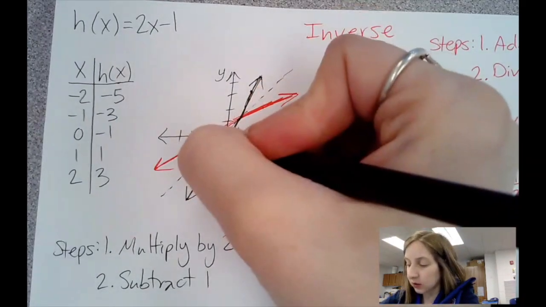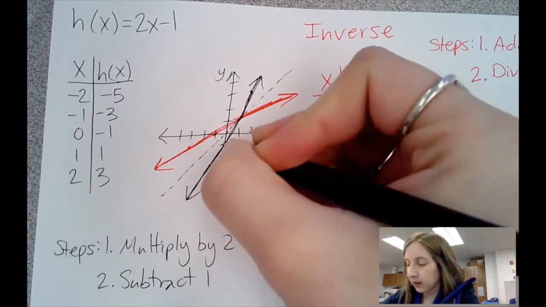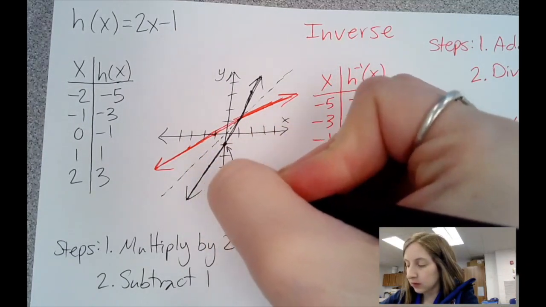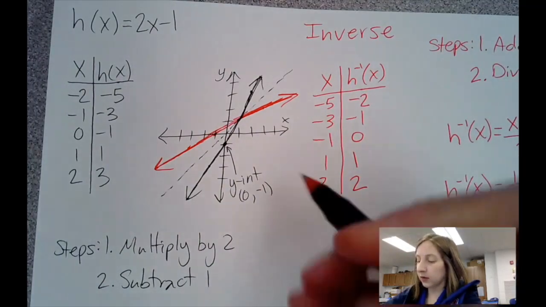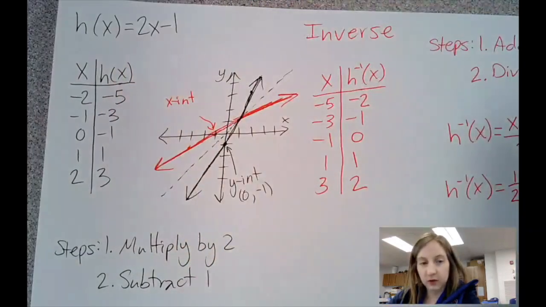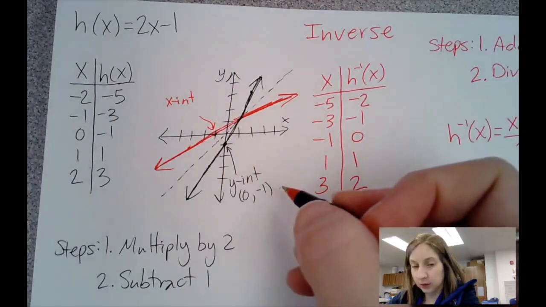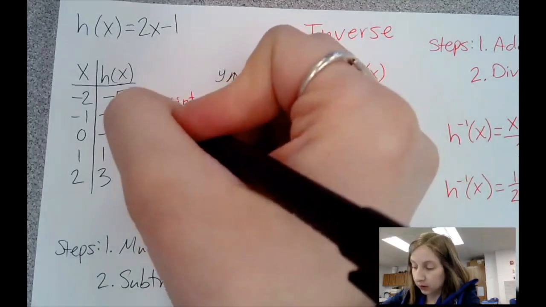We're also going to look at the intercepts here. Here I have a y-intercept of over 0, down 1. You'll notice that that matches up with the x-intercept of the inverse, because inputs and outputs trade places. Y's and x's trade places. So now it's -1, 0.